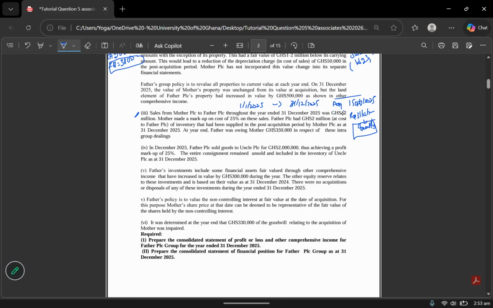So to get a month's sales, you have to divide the 12 million by 12, to give you 1 million per month. So for every month, they made sales of 1 million. So for the 4 months here, the sales would be 1 million times 4 months, giving us 4 million. So the sales for the post-acquisition period is 4 million.